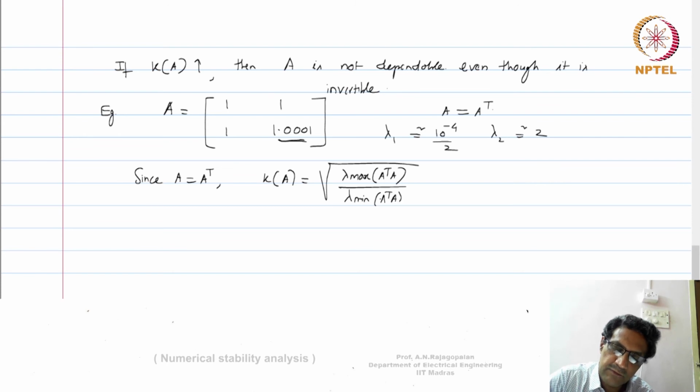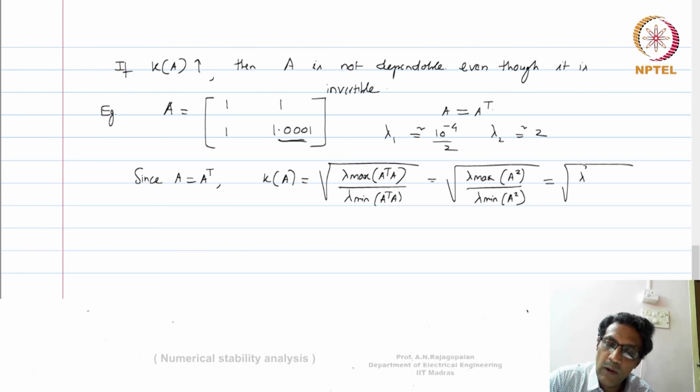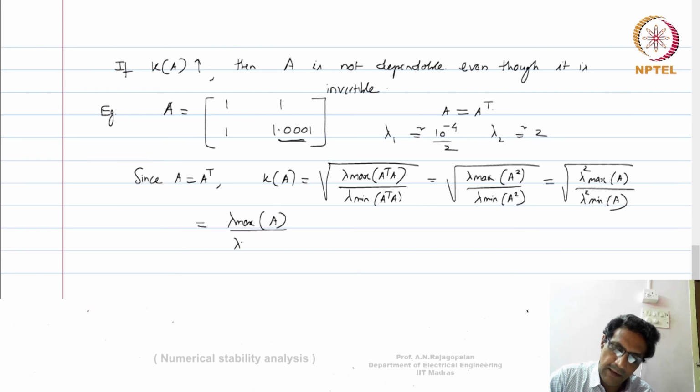In this case, because A is equal to A transpose, this becomes lambda max of A square by lambda min of A square, which is the root of lambda square max of A by lambda square min of A. This is equal to lambda max of A by lambda min of A, which happened because it is a special case of the symmetric matrix.